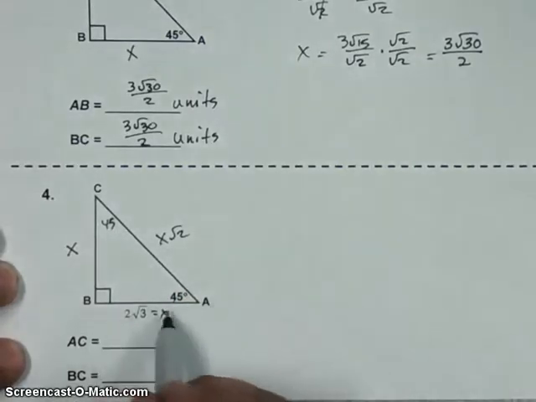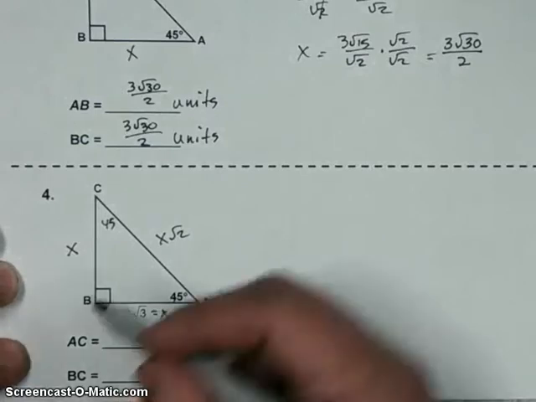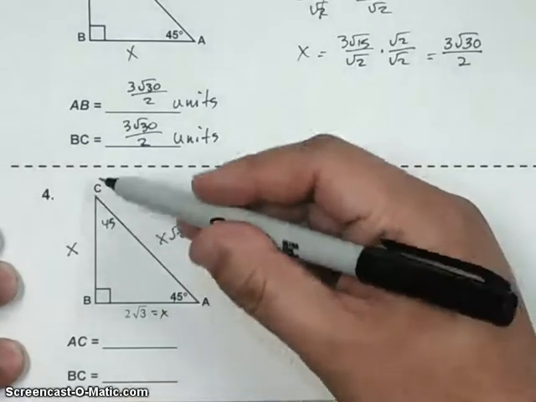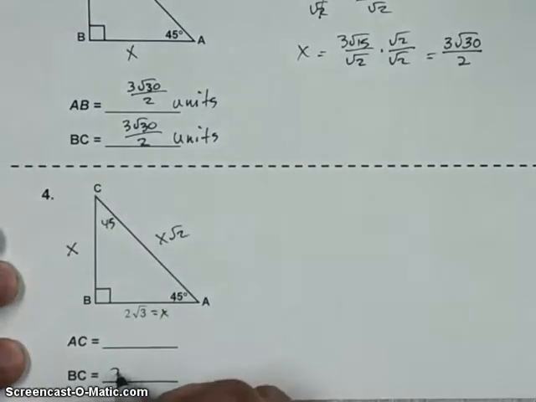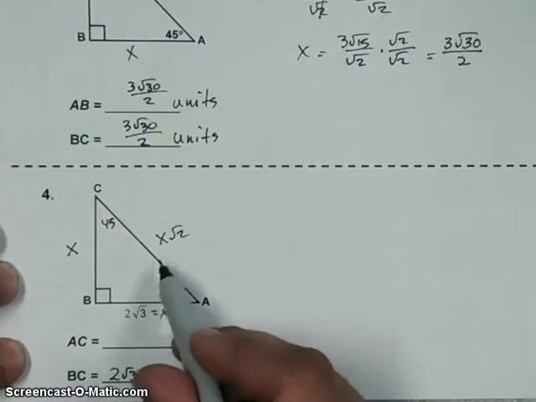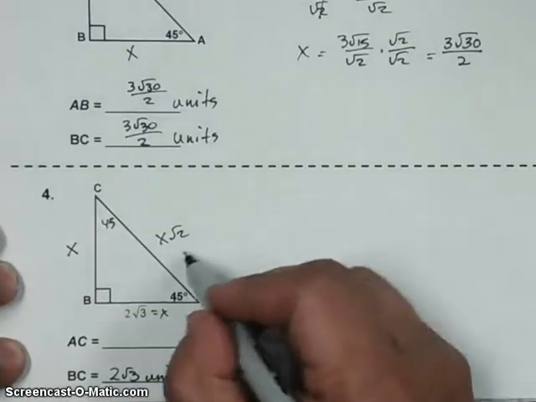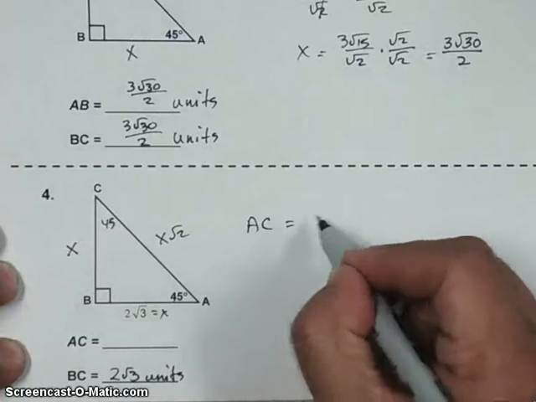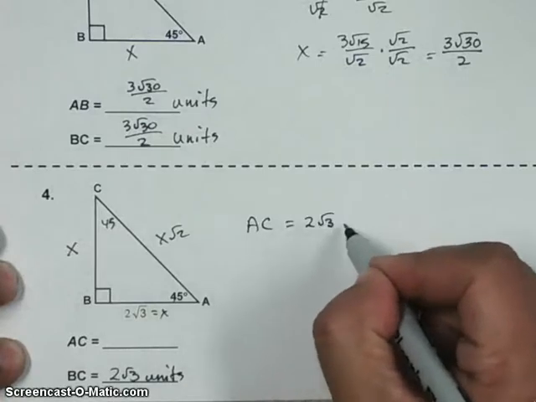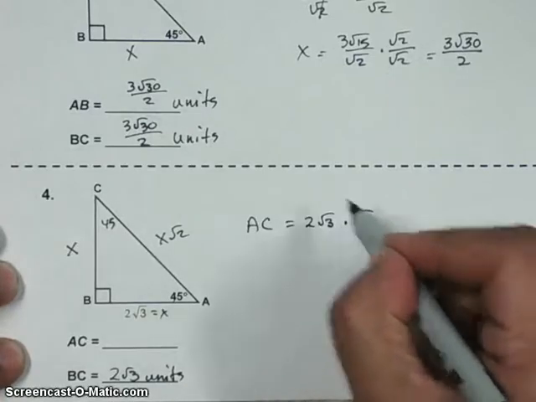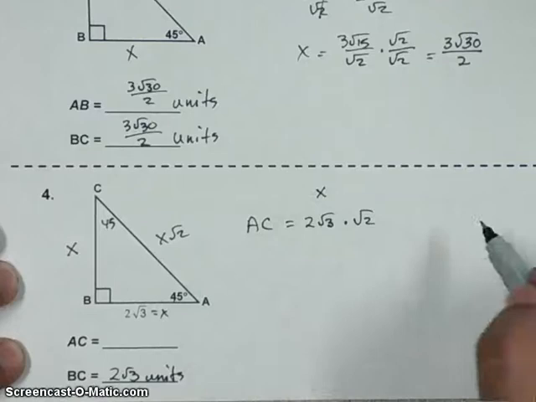Well, if AB has a length of 2 square root of 3 units, then BC is going to have a length of 2 square root of 3 units. So that's half done. Now we need to substitute 2 square root of 3 for x. So this AC side is going to equal 2 square root of 3 times the square root of 2, because this is going to be my x.